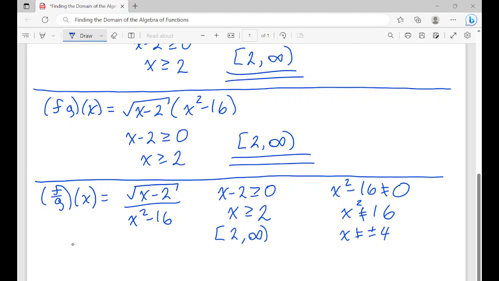So we can say that the domain is 2 to 4, parentheses, union 4 to infinity. And this would be the domain of the quotient of these two functions here.